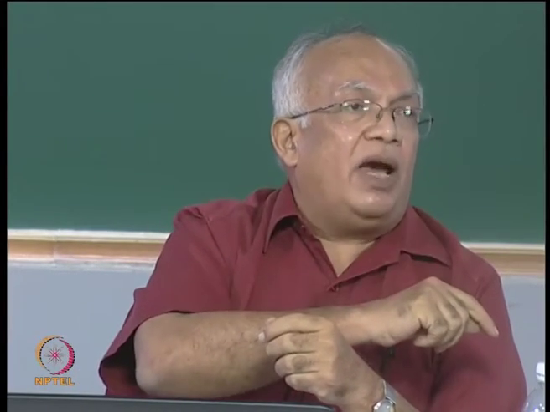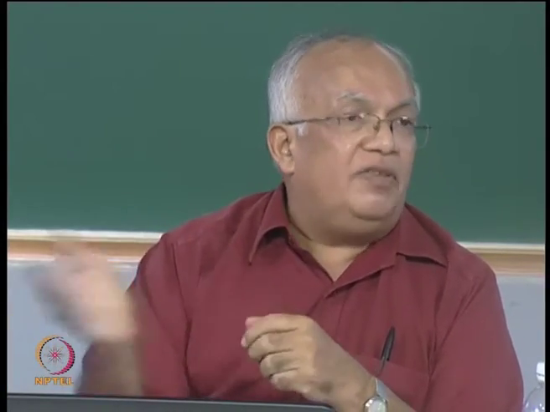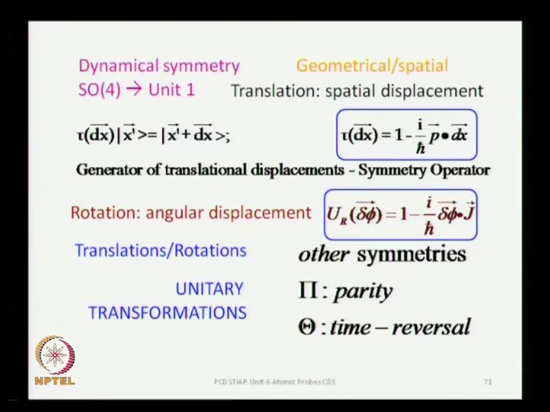Time reversal is again a discrete symmetry, because from a certain time t you go to minus t, there is nothing in between. It is not like a number 0.5 on a real number axis which you reduce to 0.4, then to 0.3, 0.2, 0.1, 0, and then minus 0.1 and so on. You do not do so continuously. You do this with angles, you do this with translations, but you do not do it with time reversal nor with parity. So these are discrete symmetries.